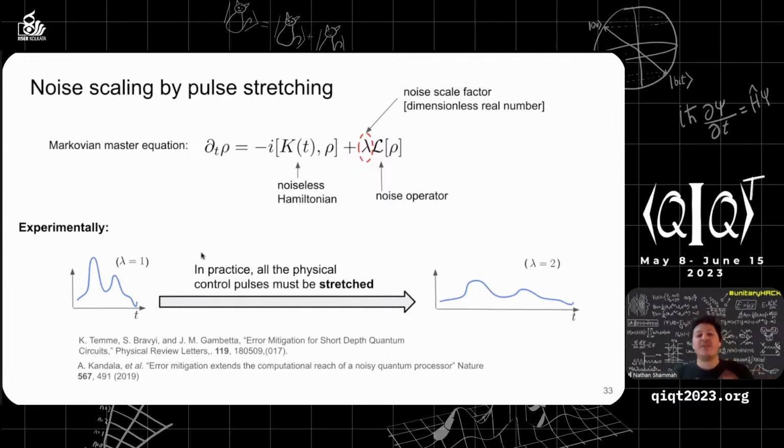And in the first proposal, this noise amplification was made by so-called pulse stretching, meaning that the pulse giving the same instructions would be operated at the attenuated intensity for a longer time, meaning that proportional to the background noise, it would have a more feeble effect.